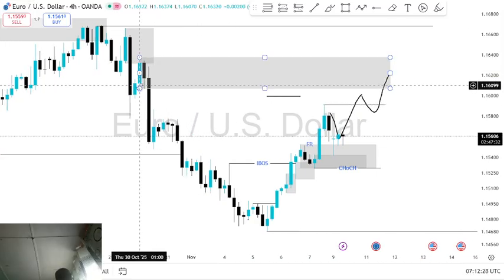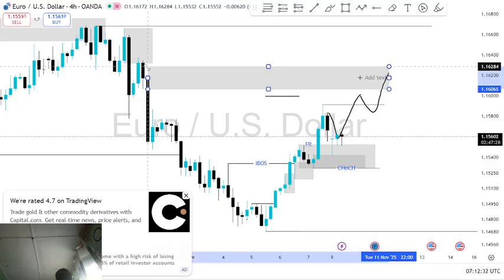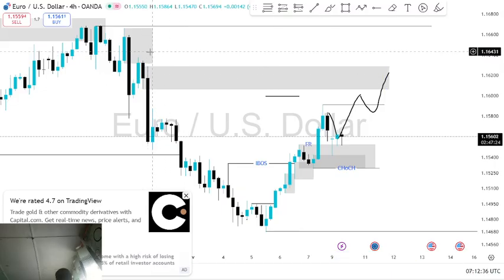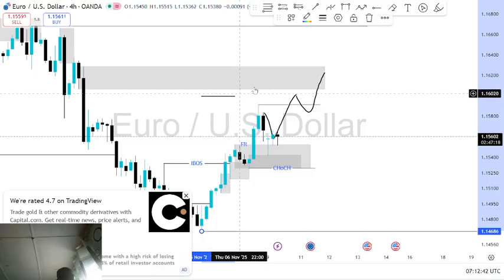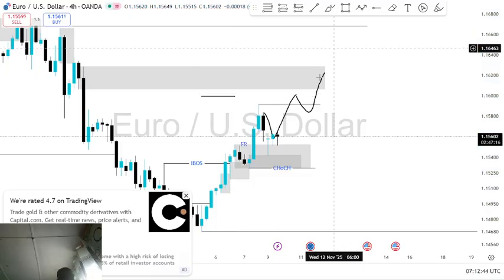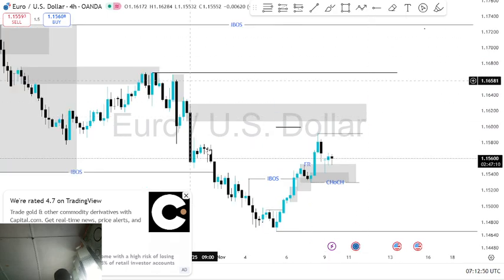So looking at this, the only zone we have is these wicks here, this wick zone here. So we are expecting a swing pullback, this swing pullback, right?